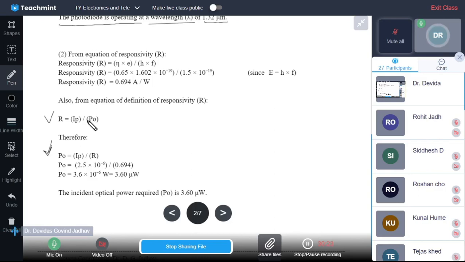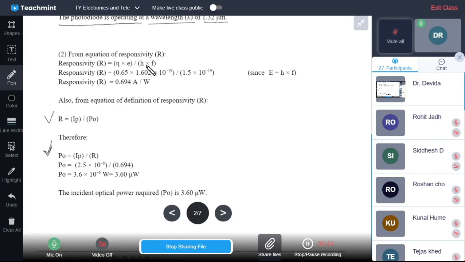IP is given, but R is not given. So what is our equation? Our equation is eta E upon HF, or eta E lambda upon HC, isn't it?